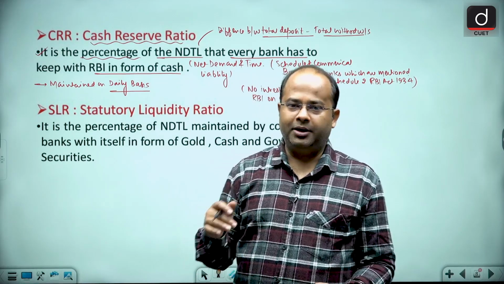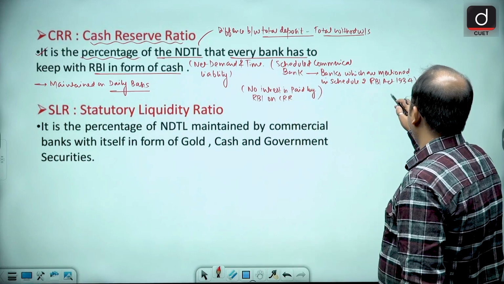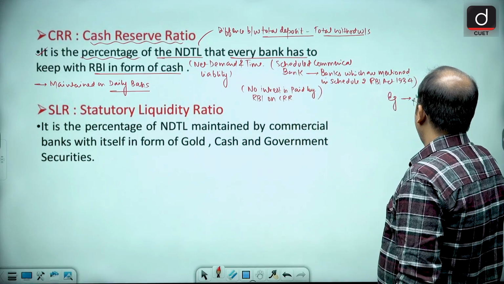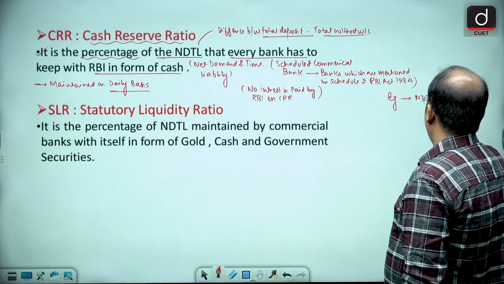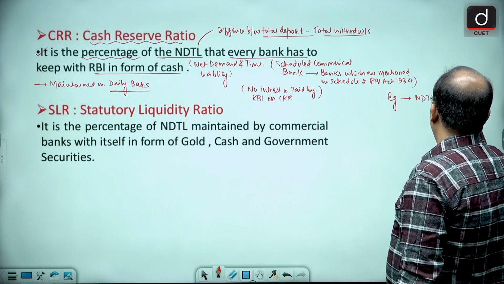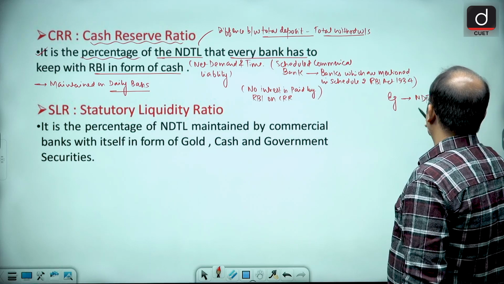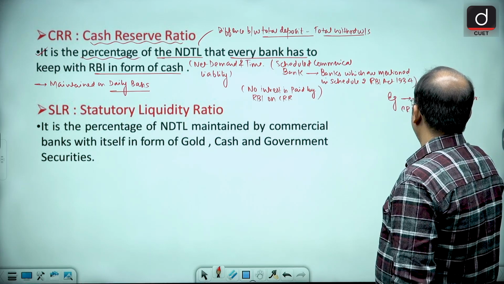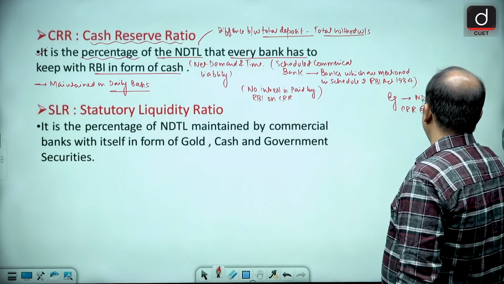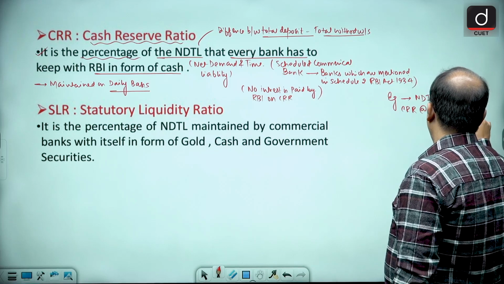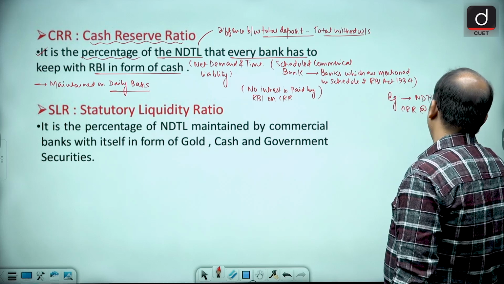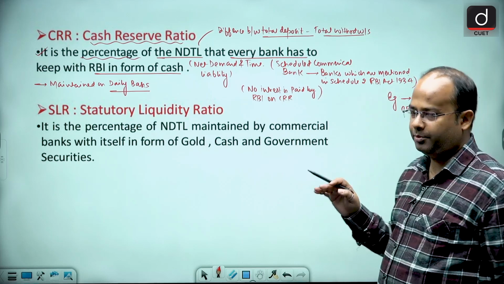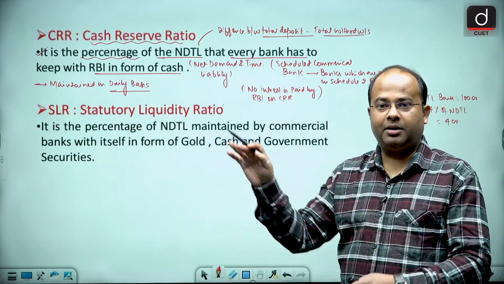For example, the NDTL of a bank is 100 crore. Then what should be CRR? CRR is 4% of NDTL, then 4 crore should be kept in reserve by the scheduled commercial bank for RBI.